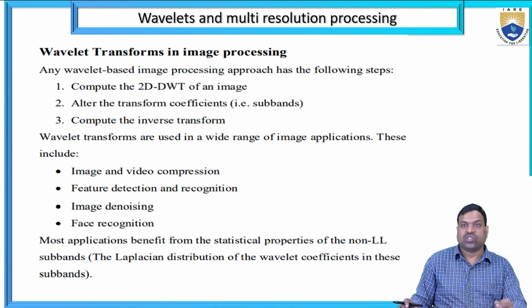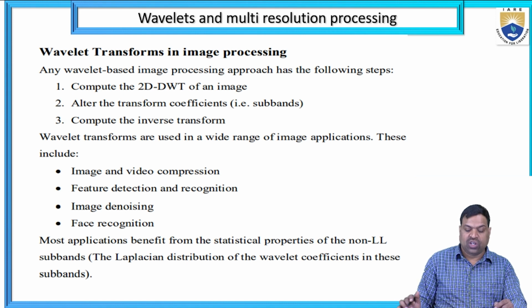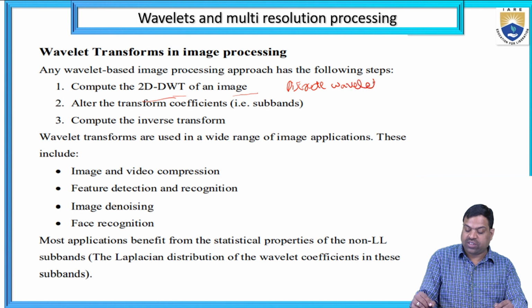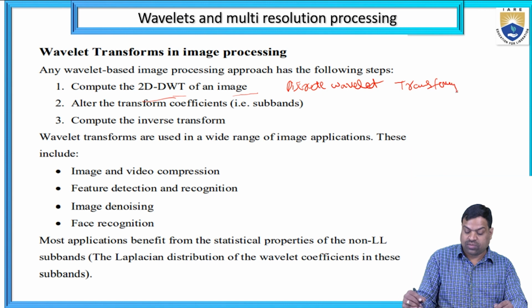Wavelet transformation in image processing. Any wavelet based image processing approach has the following steps: compute the 2D discrete wavelet transform of an image, whether 2D or 1D.